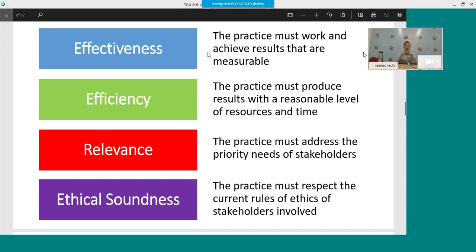Okay? So when we talk about relevance, your practice is relevant if it addresses the priority needs of your stakeholders. What I'm saying is, you have to identify why you have your urban agriculture farm. What is the purpose of coming up with your urban agriculture activities?